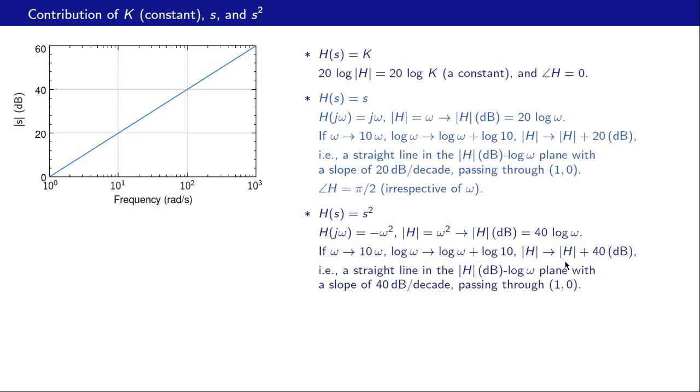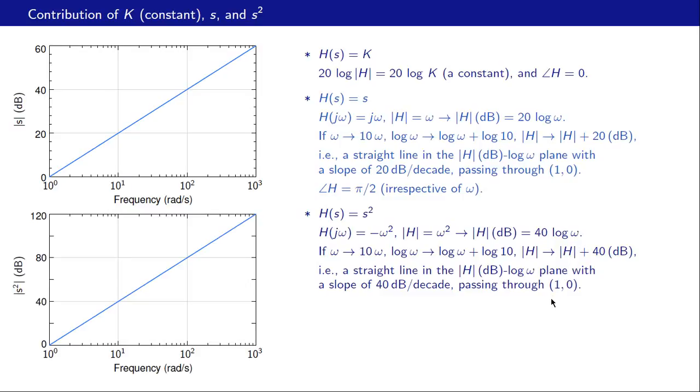Once again, put omega equal to 1 here, we get 0 dB. So this is our omega equal to 1, so that passes through 0 dB, and this line has a slope of 40 dB per decade. When we go up in frequency by 1 decade or 1 order, we go up in mod h by 40 dB.